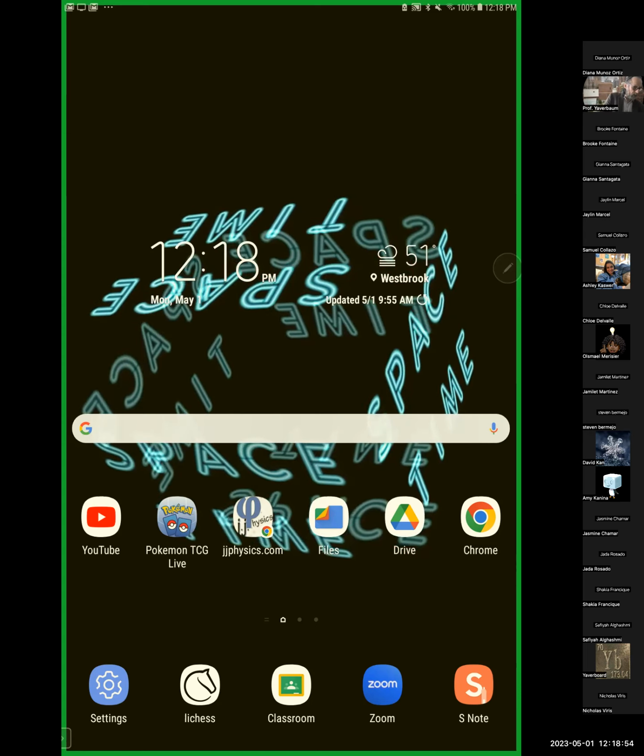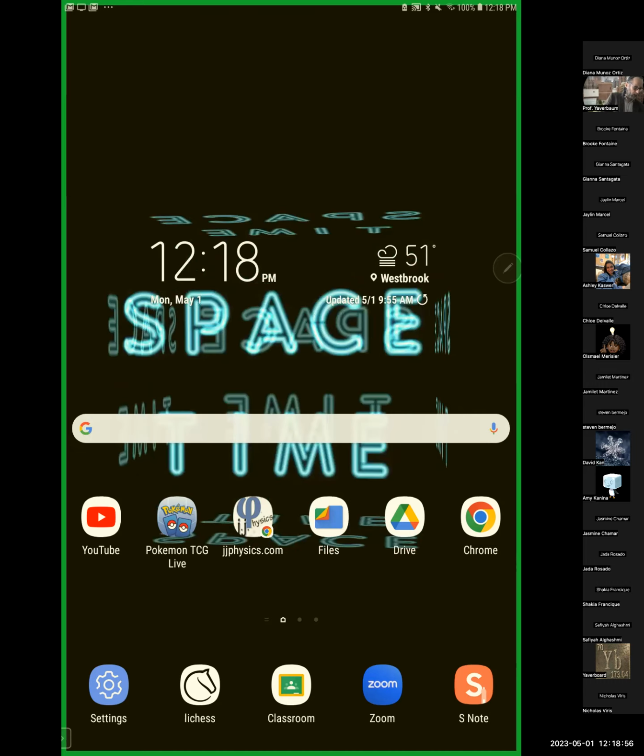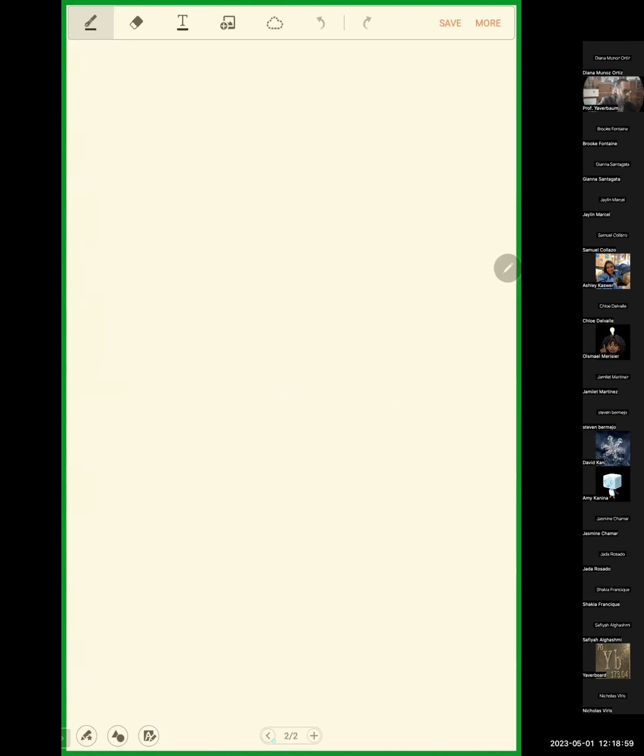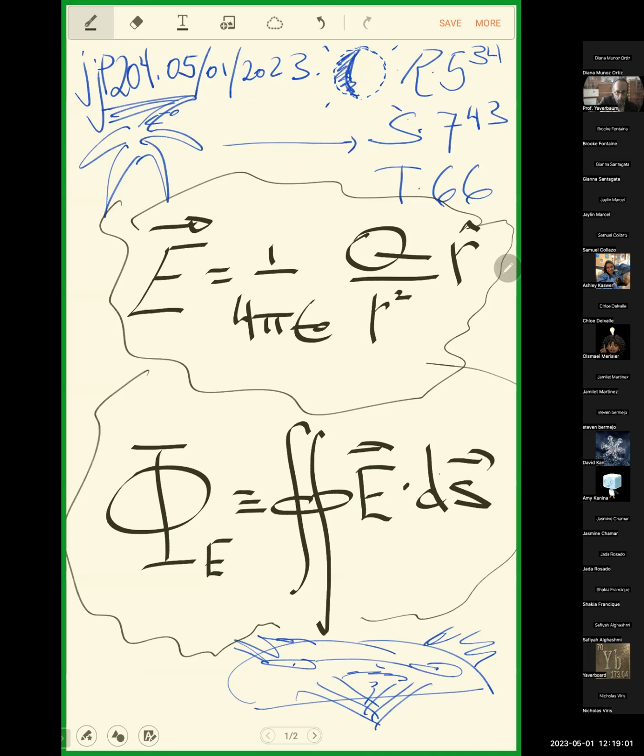I'm going to remind you that the equation that we used to compute that field is this top equation up here.